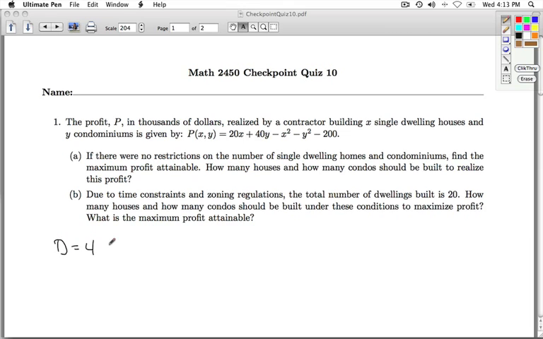So my D is 4, and what's important about that is bigger than 0. Now I check my Pxx. The Pxx is always a negative 2, and what's important about that? That that's less than 0. So that means that we have a relative maximum at 10, 20.